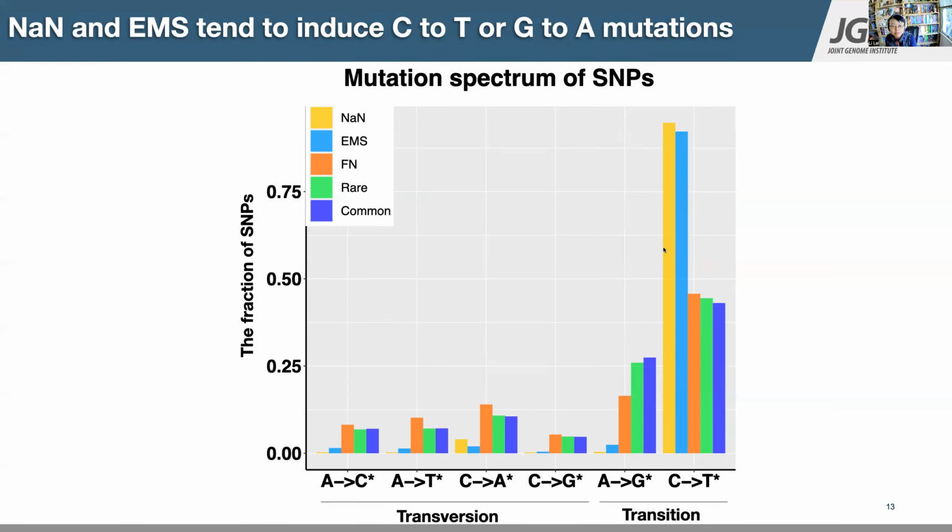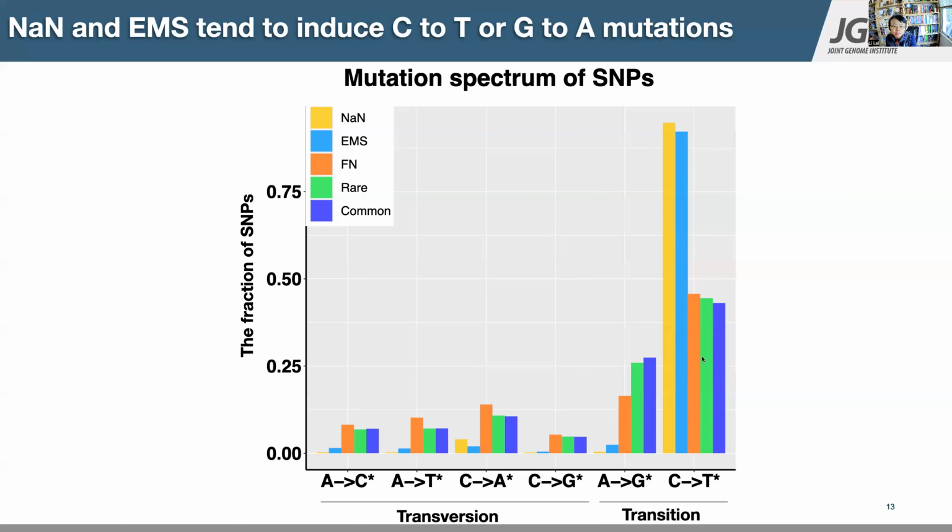De novo mutations induced by sodium azide and EMS tend to have a preference for C to T or G to A mutations, because sodium azide and EMS have a much higher proportion of C to T or G to A than the standing mutations and the fast neutron induced de novo mutations.